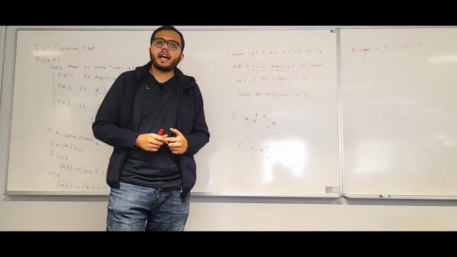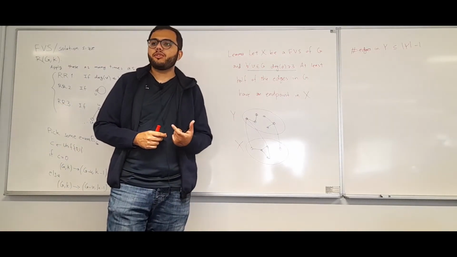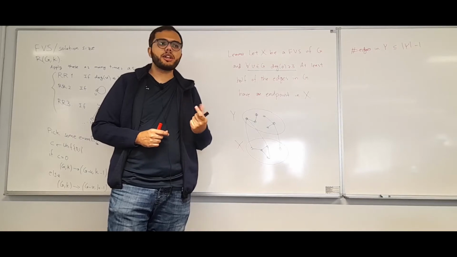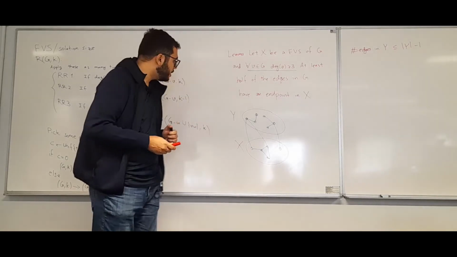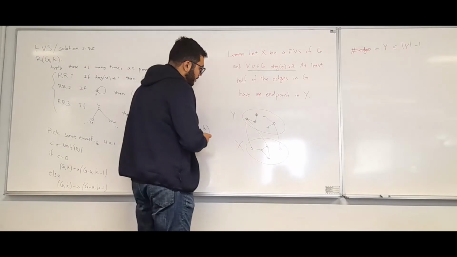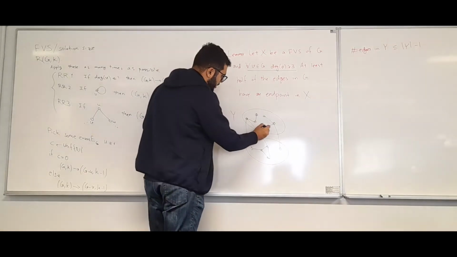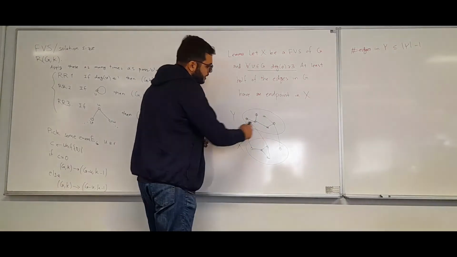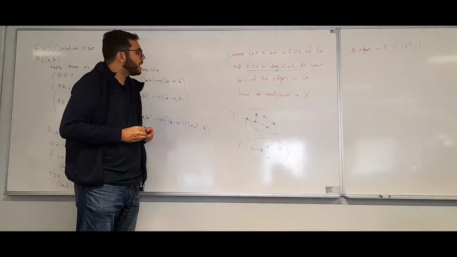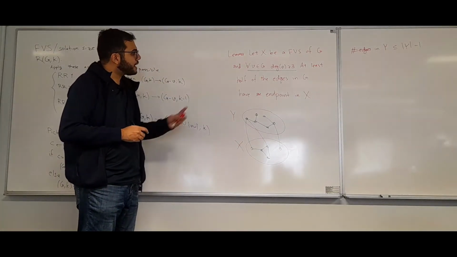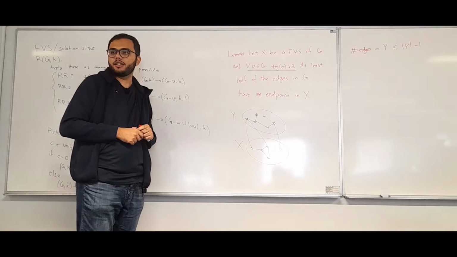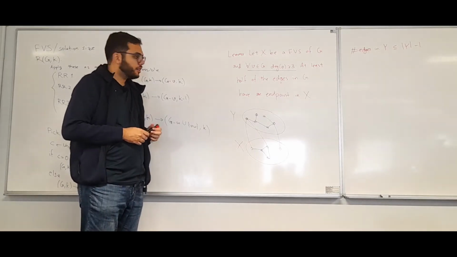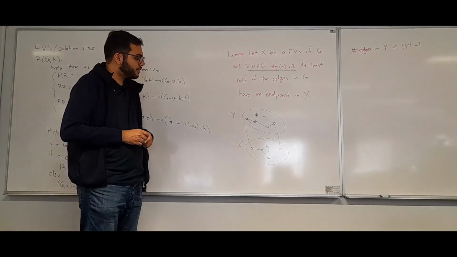What happens if I have a vertex of degree 2 in Y? So when I say degree 2 in Y, I mean it has 2 neighbors in Y. So for example, let me just connect this to this, and let's consider this vertex. Again, in the original graph, it had a degree of at least 3. Right? In Y, it only has a degree of 2.